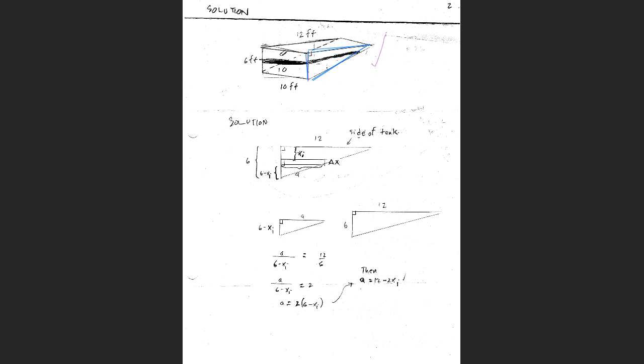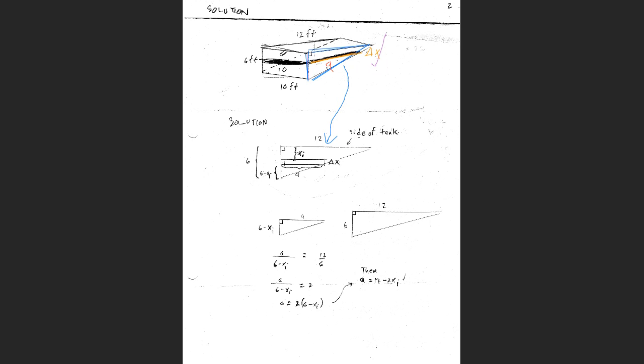And I have this ith layer of water that has height delta x, and I'm interested in finding an expression for that length a.